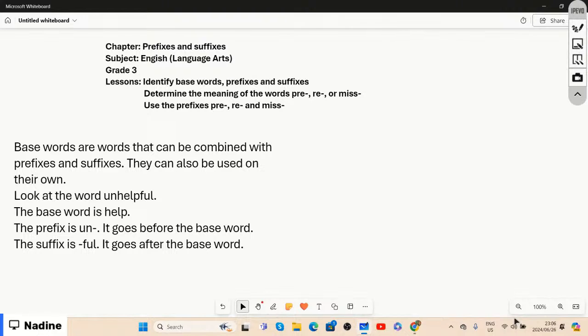Another word for base word is root word. Base words can also be used on their own. So as much as these words can be combined with both prefix and suffix, base words can also be used on their own.